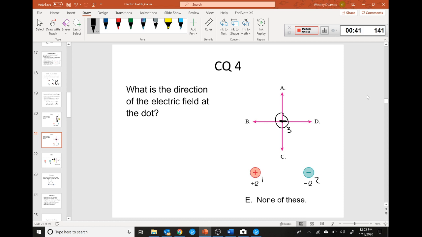What is the direction of the electric field exactly at the dot? Direction of the electric field, exactly where 3 is located.